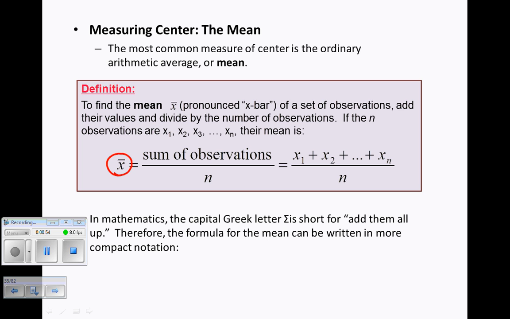In mathematics, the Greek capital letter sigma, this guy right here, means to add them all up. So you could write the mean as the sum of all the x's divided by the total number, where you use that symbol for meaning to add up everything, to sum.